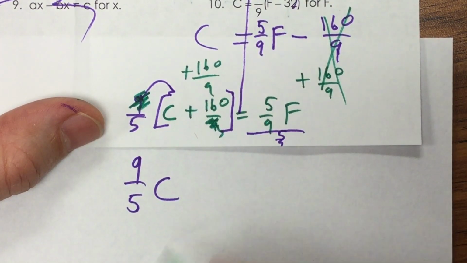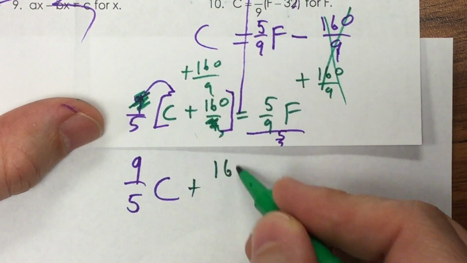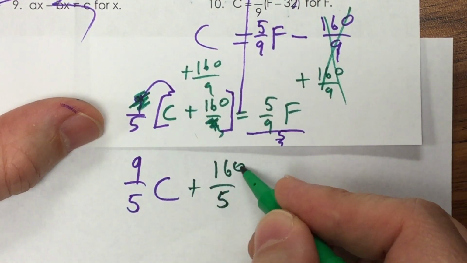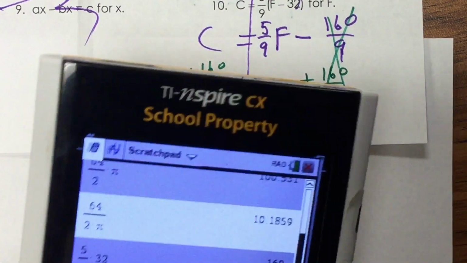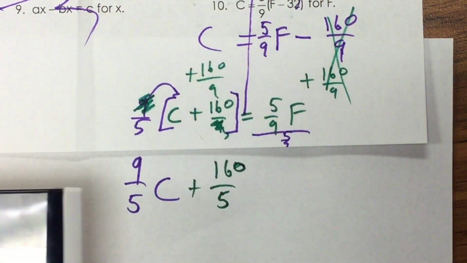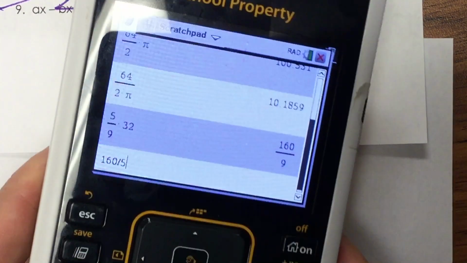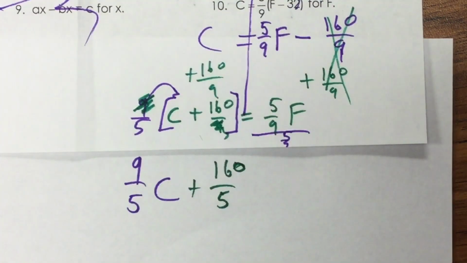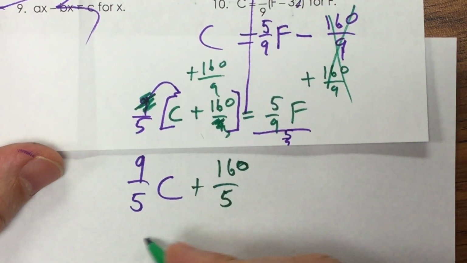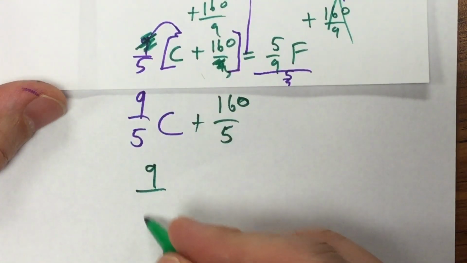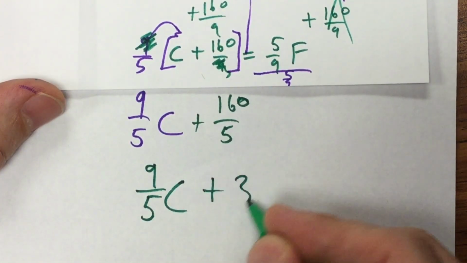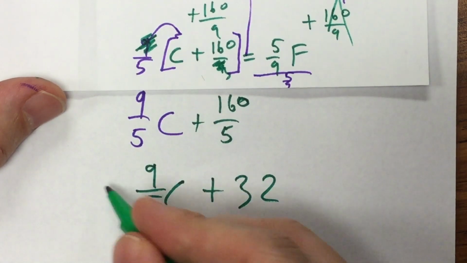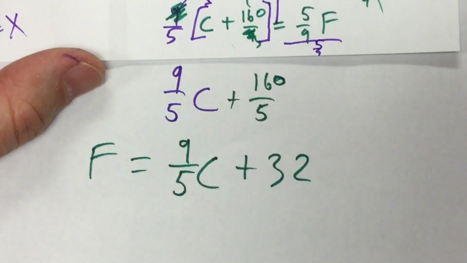I really end up with 160 over 5. The 9s are gone. And that is an easy reduction in the calculator. 160 divided by 5. It's 32. So you get from that crazy mess into a slightly less crazy mess. 9/5 C plus 32. That is my Fahrenheit equation.